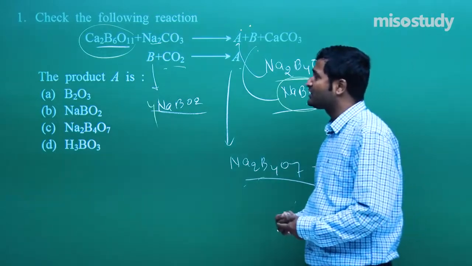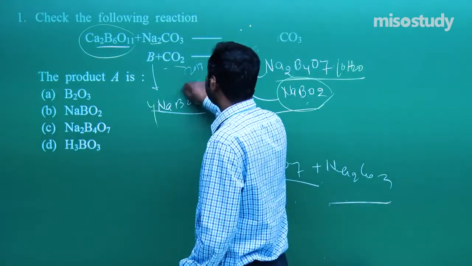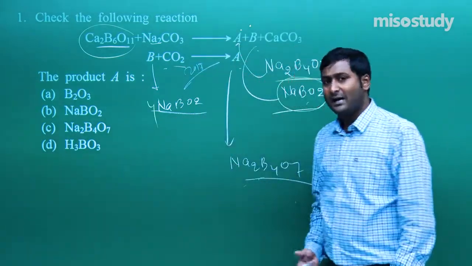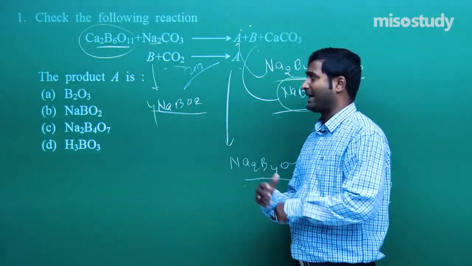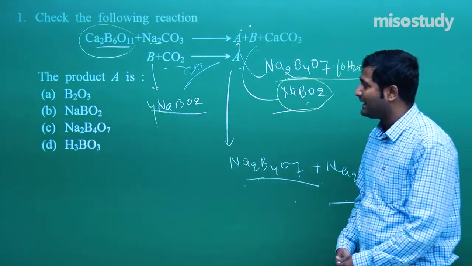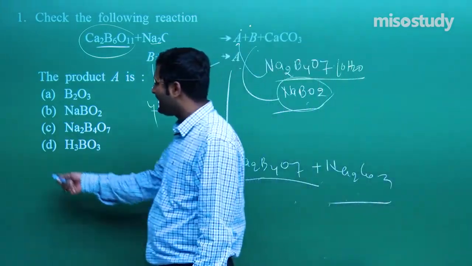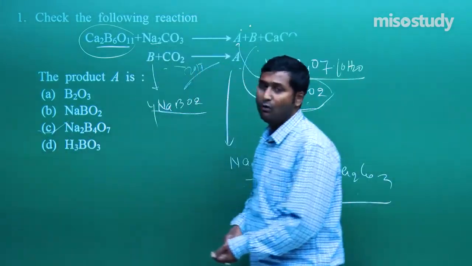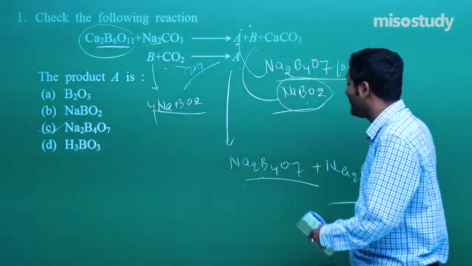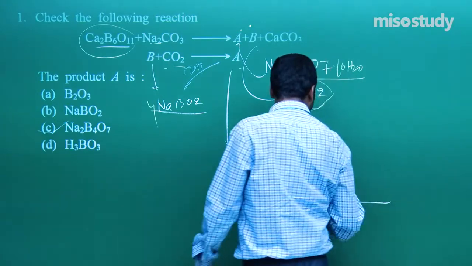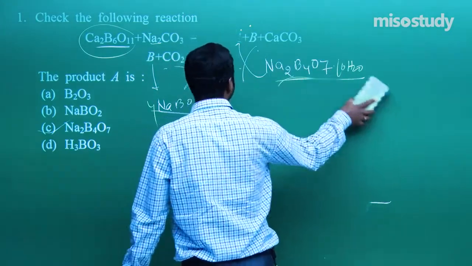This is one of the best questions for 2019 JEE Advanced Examination, because such questions are also asked using paragraphs. So the product A in this case is Na2B4O7.